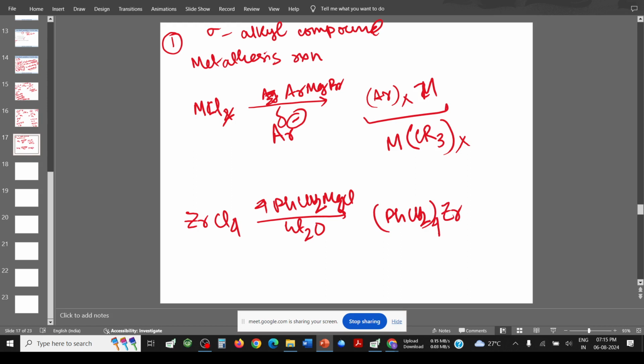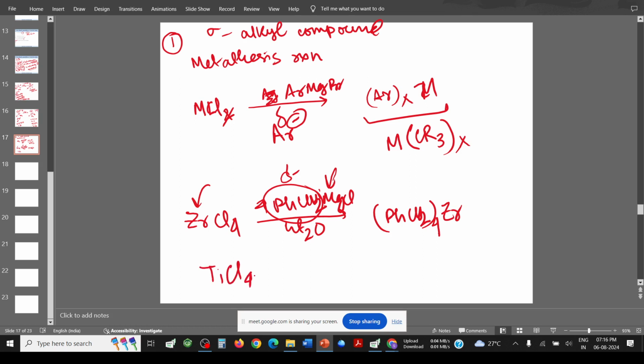Okay. So metathesis, we also have the same kind of reaction called the transmetallation reaction. Here we can see that magnesium is a metal, also zirconium is another metal. So this ligand PhCH2 as a negative charge is replacing the chloride. Another example is TiCl4.